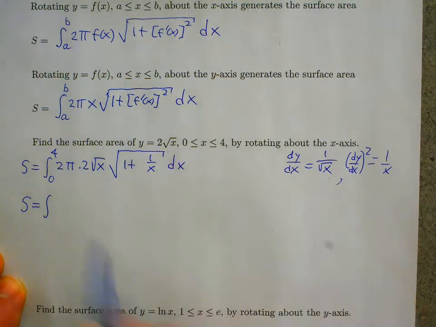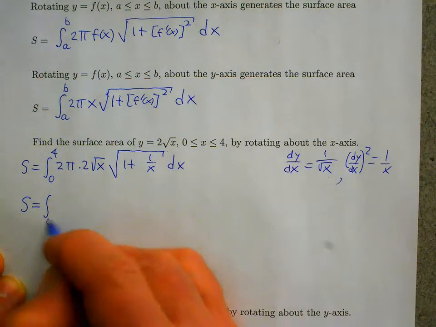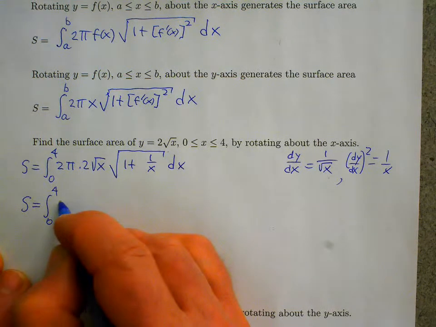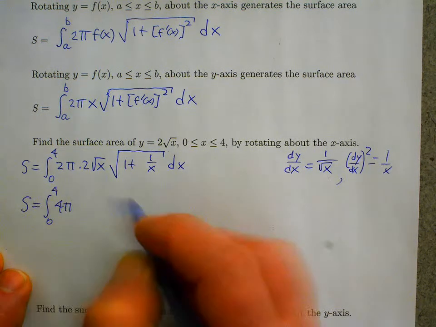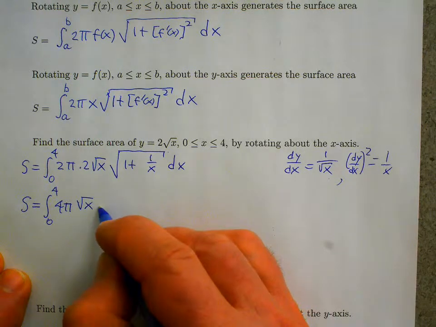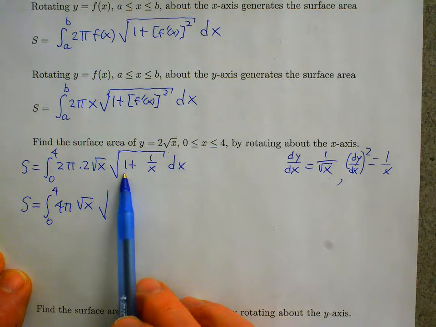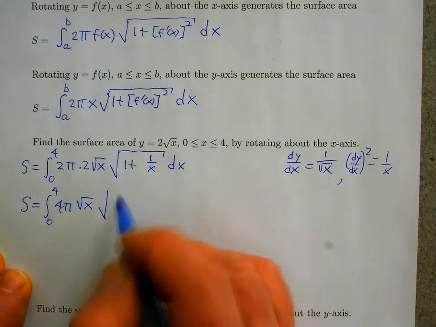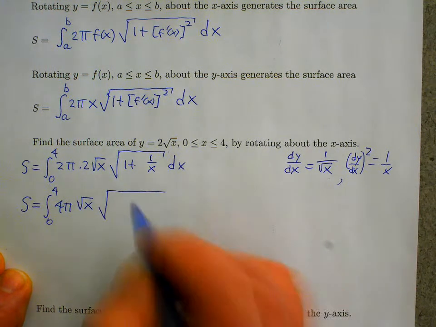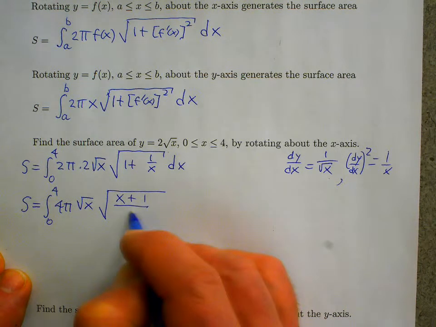Let's simplify a little bit. 2 pi times 2, we can write that as 4 pi, and then times the square root of x. And inside this other square root, I'm going to write 1 plus 1 over x as a single rational expression, so it will be the square root of (x plus 1) over x.